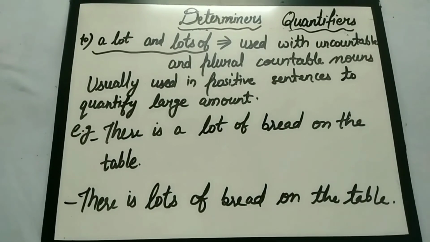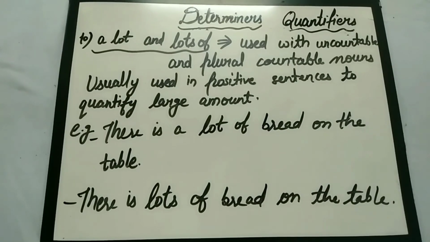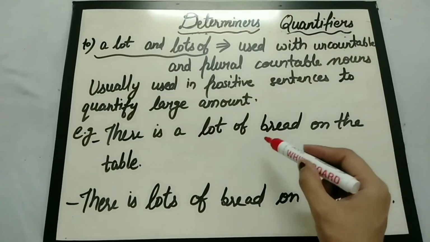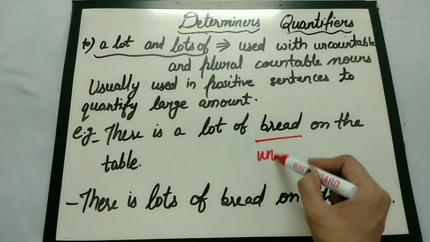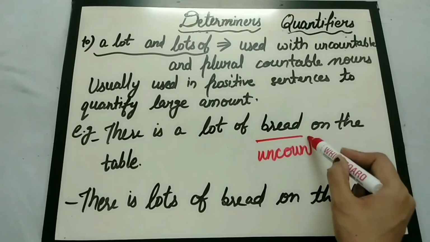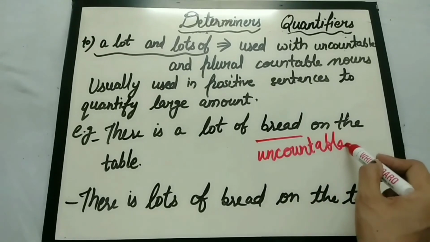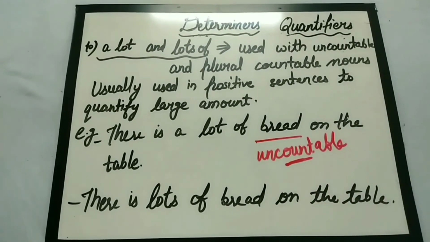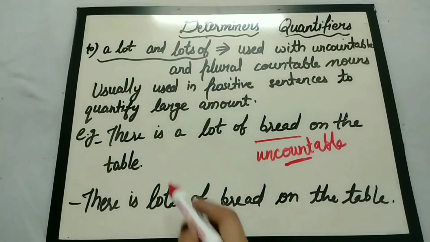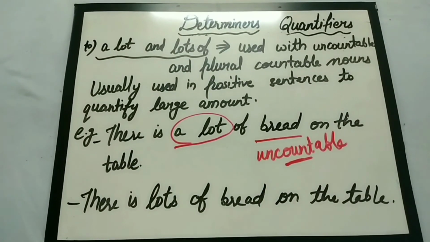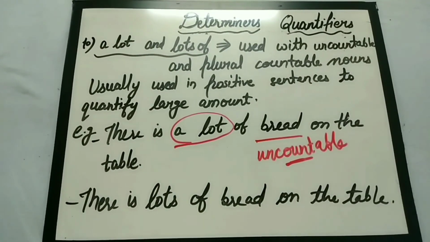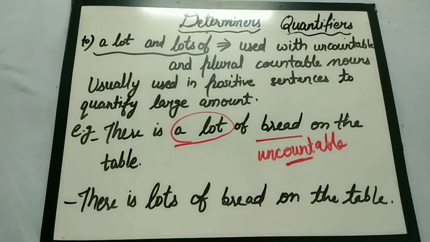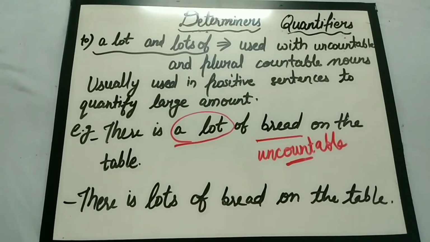So in the first example, there is a lot of bread on the table. The bread is uncountable. If we talk about a piece of bread, then we consider it countable, but usually bread is uncountable. Here we have used there is a lot of bread on the table, and we can also say there is lots of bread on the table.